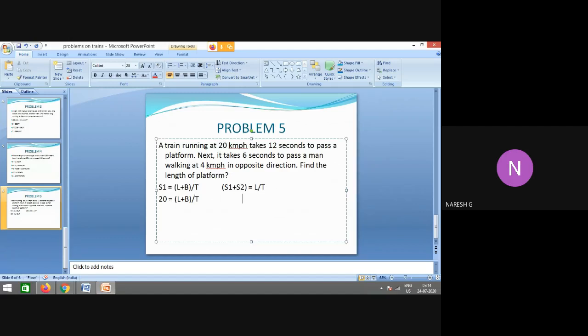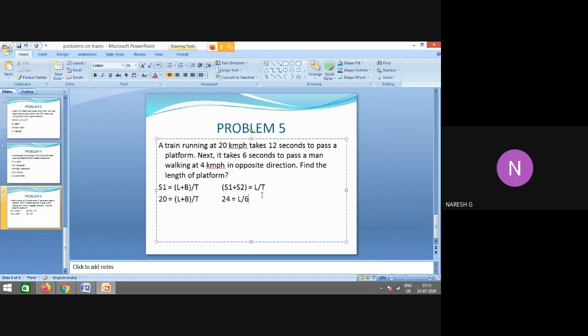Then we move on to the second condition. Train speed is 20 km per hour and man speed is 4 km per hour, so together 24 equal to the train length divided by the time it takes to cross the man, 6 seconds.